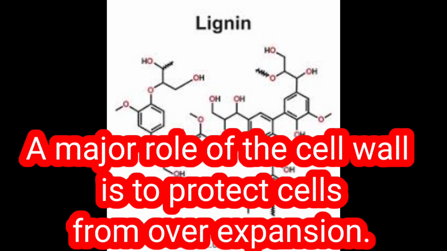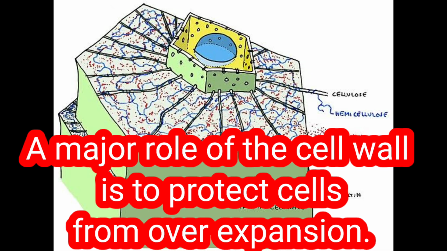The cell wall on one side gives elasticity to the cell, which allows it to grow. So on one hand the cell wall protects the cell, on the other hand it allows it to grow and to regain its size, but also protects it from overexpansion. Plus the cell wall maintains the shape of the cell.